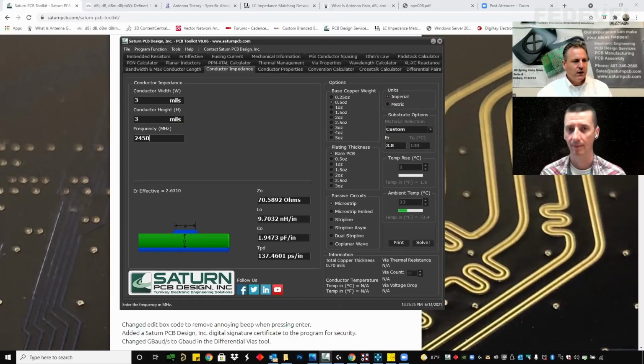So there are manufacturing tolerance differences that come into effect. I'm now using a Kappa 438 material, which I'm getting very consistent results out of. Do you know why there is the difference? FR4 is just a glass weave.